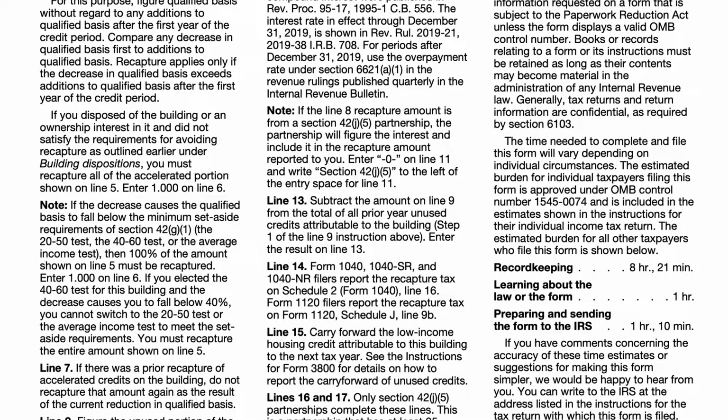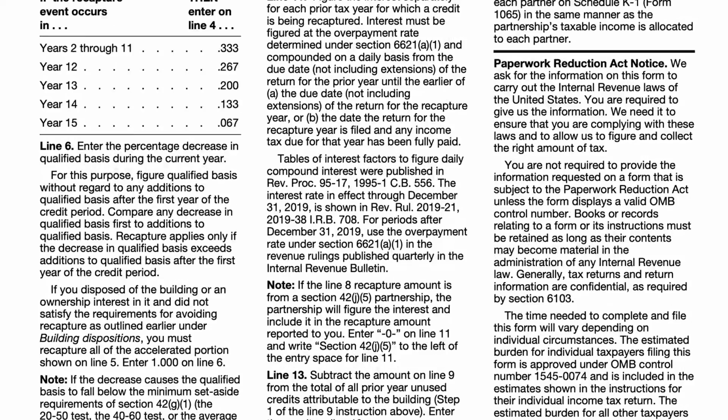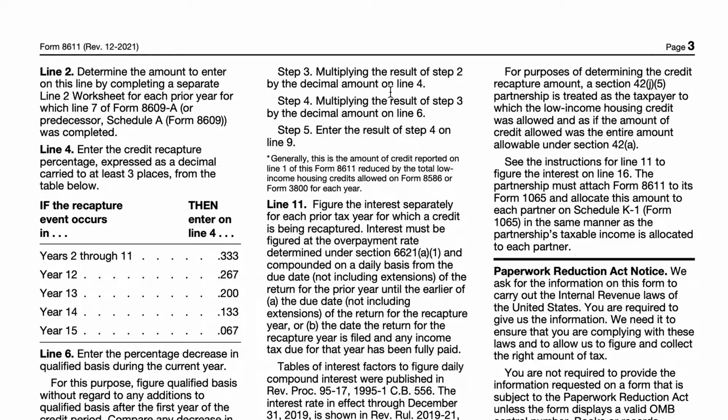First, you total the credits that you could not use in prior years. You'd reduce that amount by any unused credits that are attributable to additions to qualified basis. Then you multiply that amount by the decimal amount on line 4. You would multiply that by the decimal amount on line 6, and then you enter that amount on line 9.